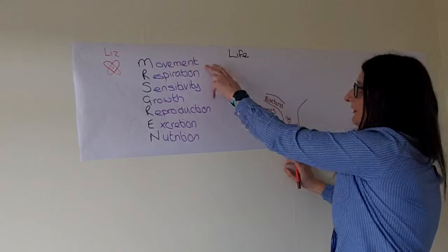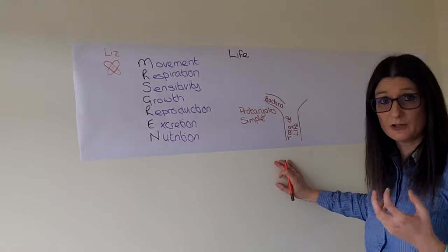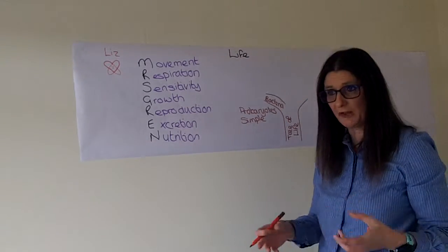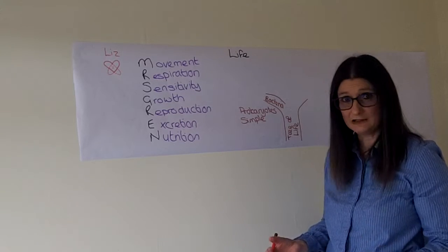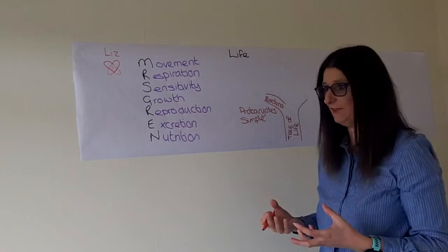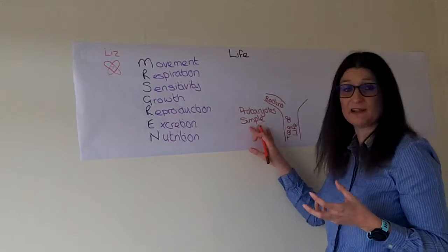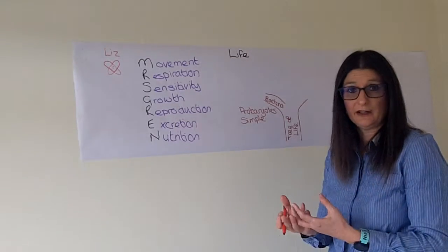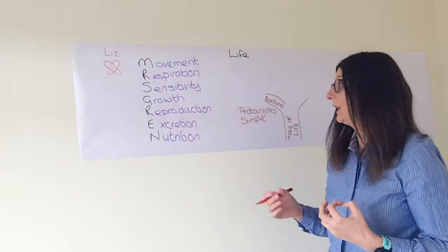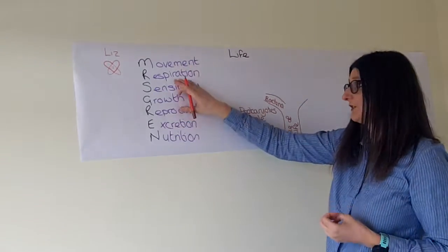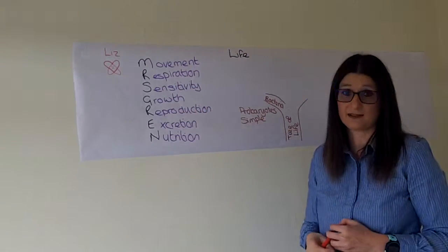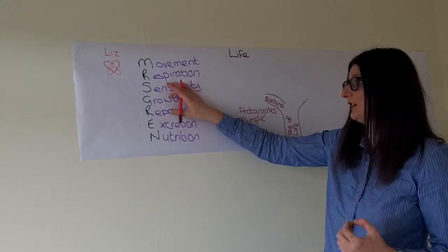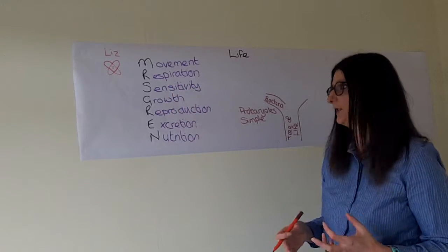So do they move? Yes, they do. They might not grow legs and run around the lab, they're easy to contain, but they swim around and they have specific body parts which allow them to swim in a liquid media, so they do move. Do they respire? Yes. They need oxygen, they take in oxygen, give out carbon dioxide.